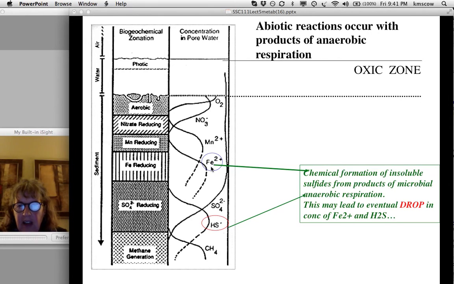So we have now formation of Fe2+, reduced iron. Remember, the electron acceptor is ferric iron, Fe3+, but now it's made ferrous iron, and that sulfate has been converted to hydrogen sulfide.